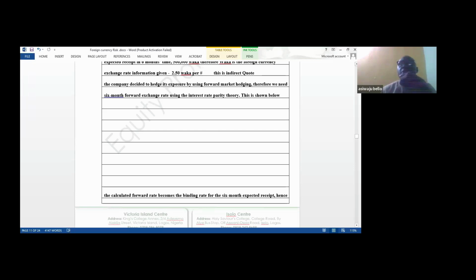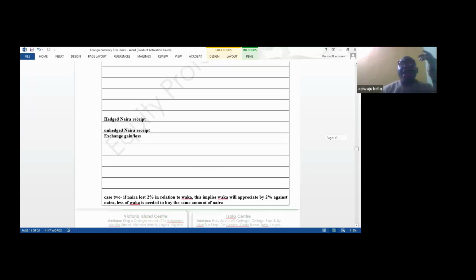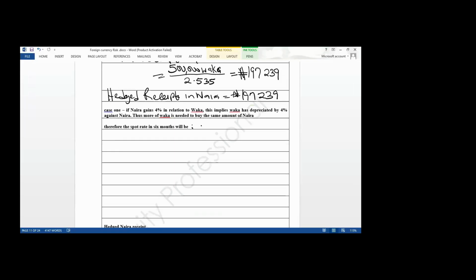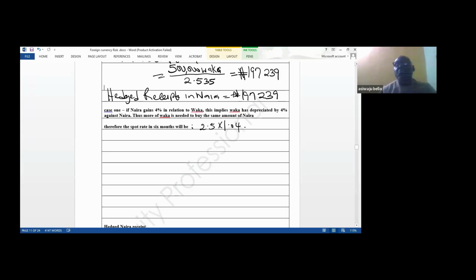So this 2.5 increases by 4%. What do you have? You do it like this: 2.5 multiplied by 1.04 gives 2.6.